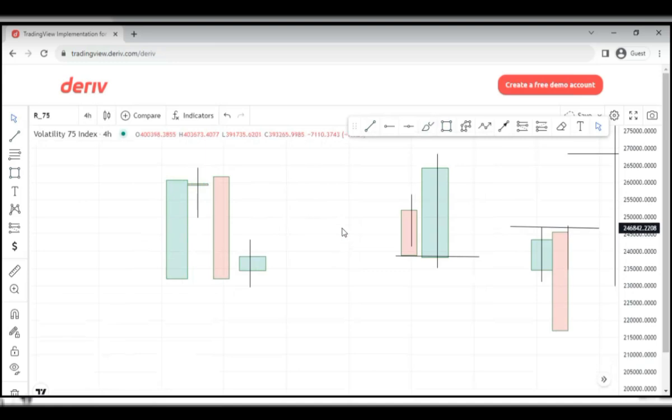Psychologically, you can quote it as when the sun rises in the morning, it goes up, and that is the morning star. So the morning star candlestick pattern is a bullish signal. When the sun rises, morning star.